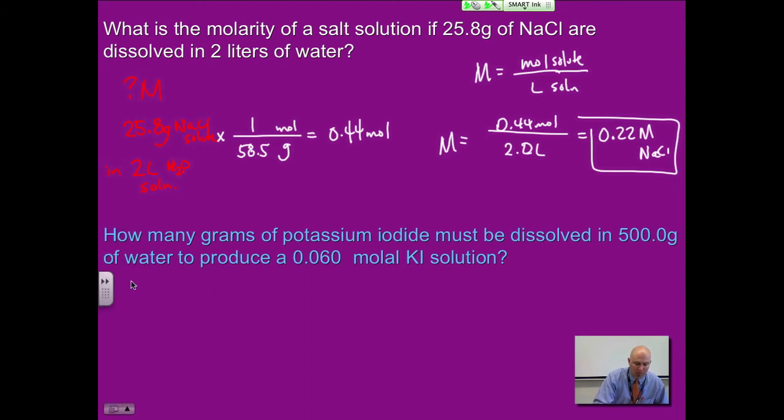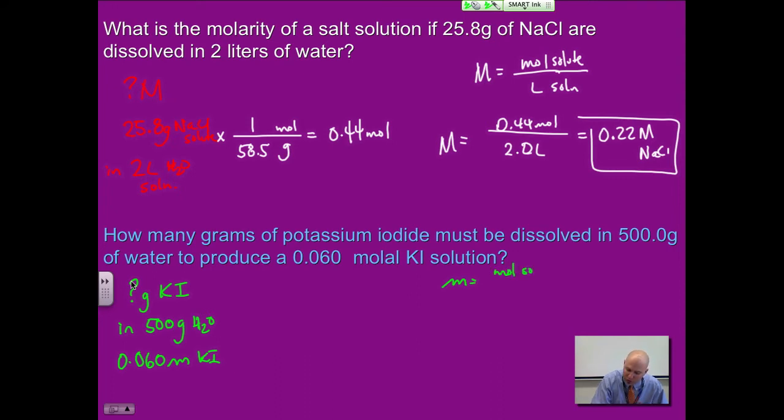Okay, so how many grams of potassium iodide must be dissolved in 500 grams of water to produce a 0.060 molal KI?